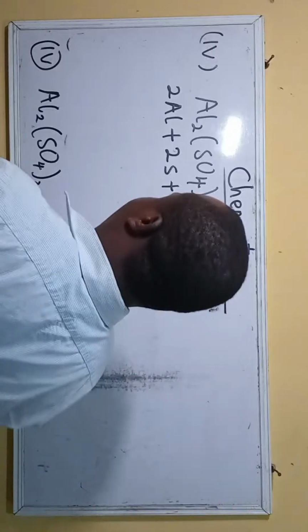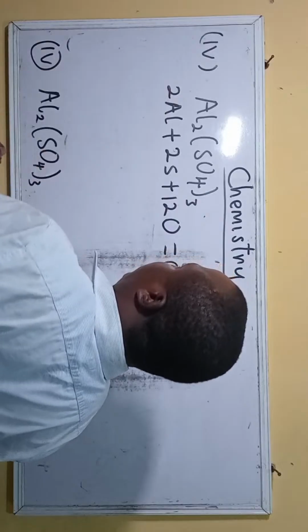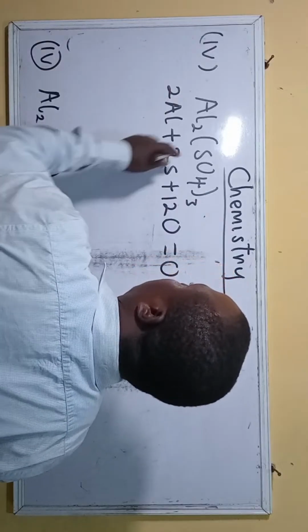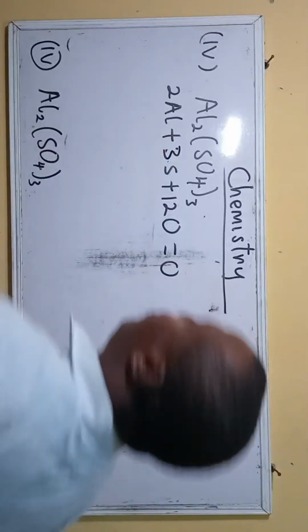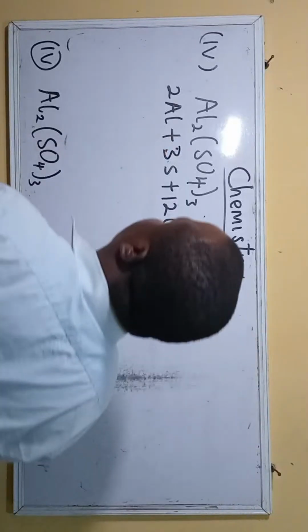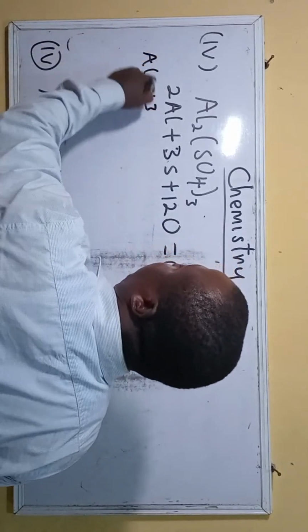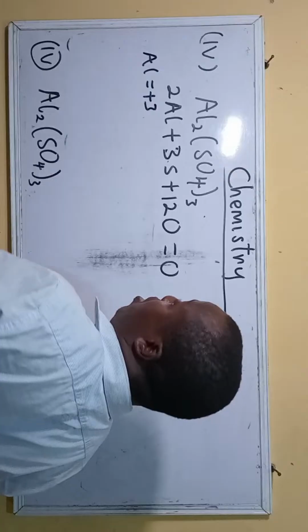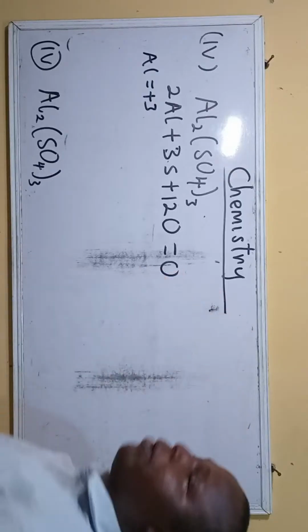Let's start. So this one is 3. Now, we have to determine the oxidation number of aluminium. Aluminium is plus 3, I mean? Yeah. Or you tell me maybe it's not correct.